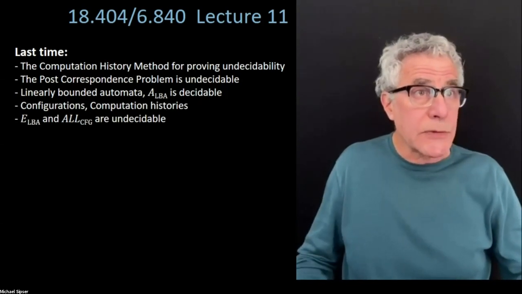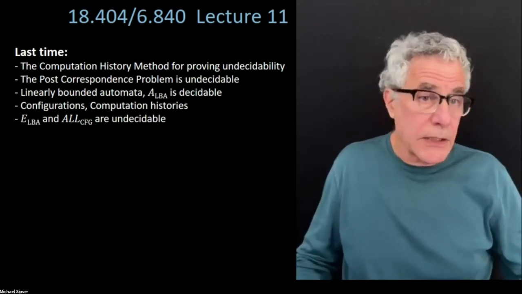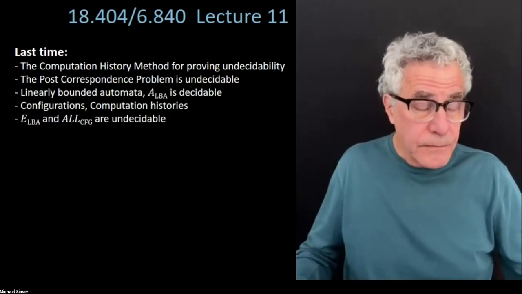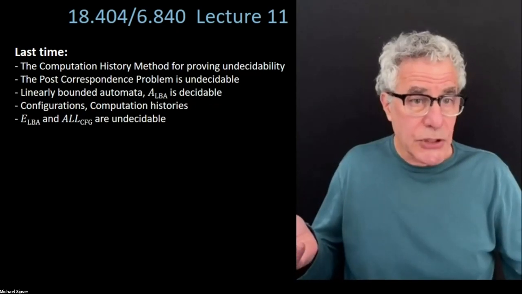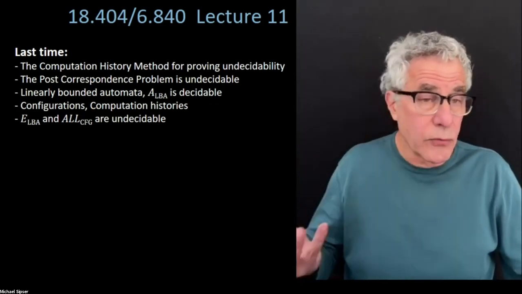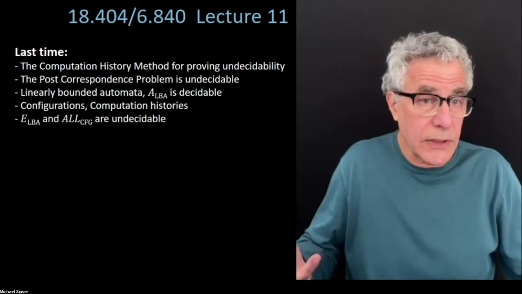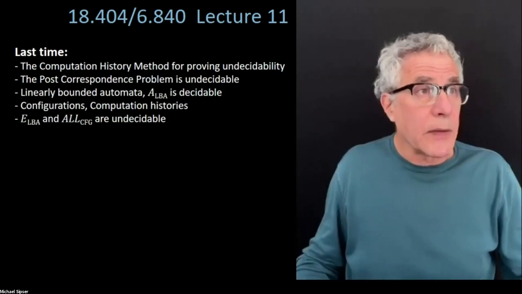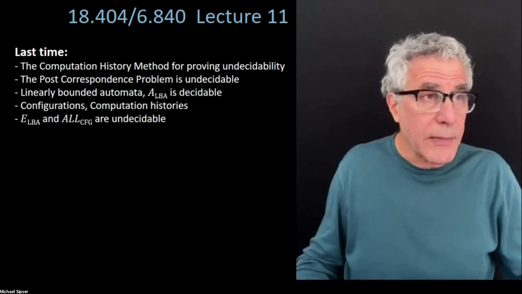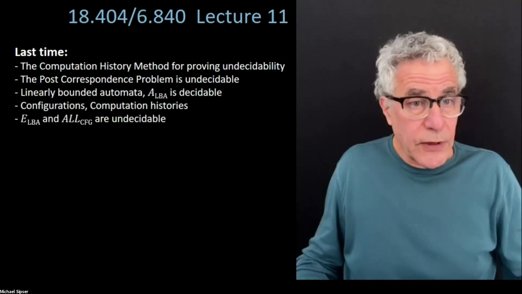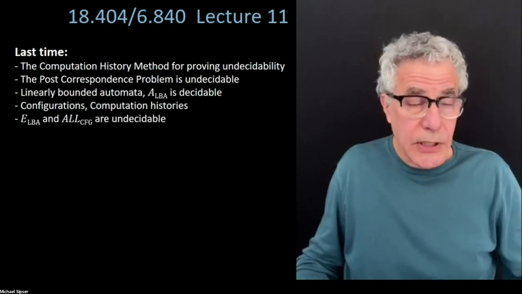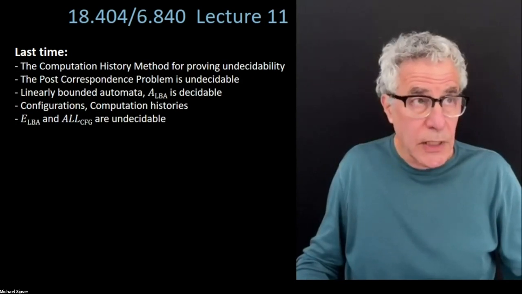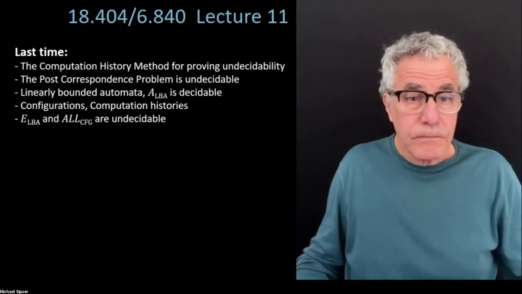For the post-correspondence problem, which we introduced last time, doing the check is relatively simple. The match is the computation history, and following the rules of the match is fairly simple to construct in that post-correspondence problem instance. We talked about linearly bounded automata. Of course we defined configurations and computation histories along the way, and proved certain other problems are undecidable as well, using the same method.